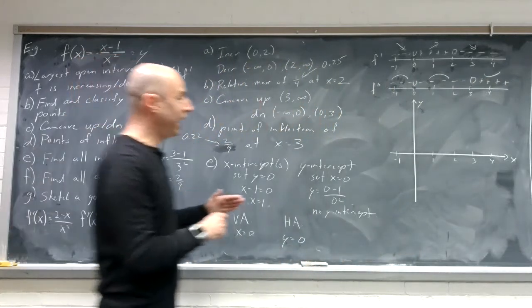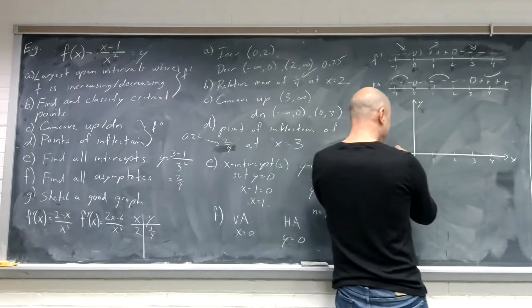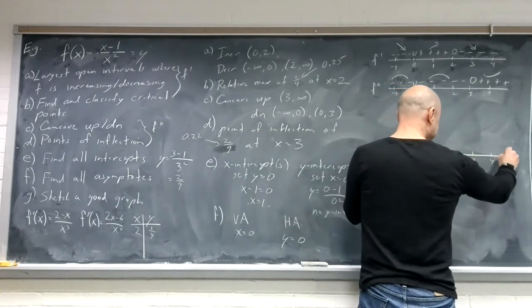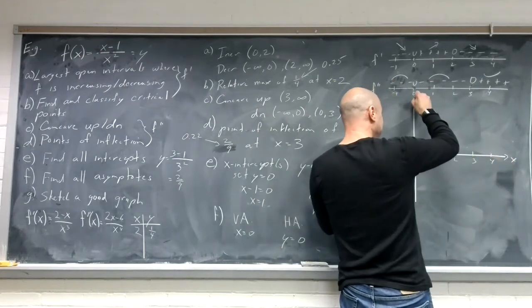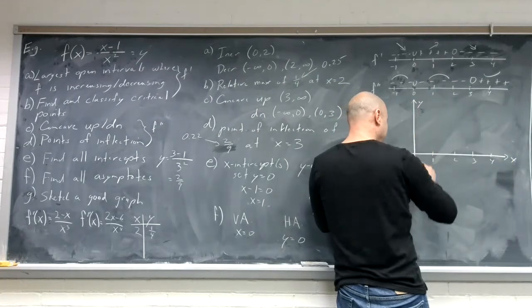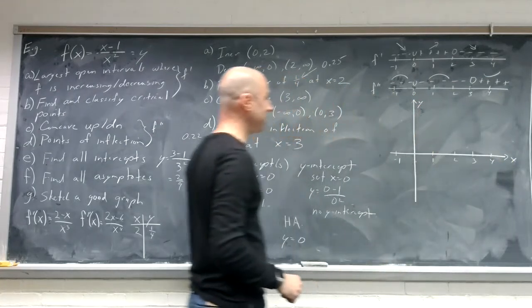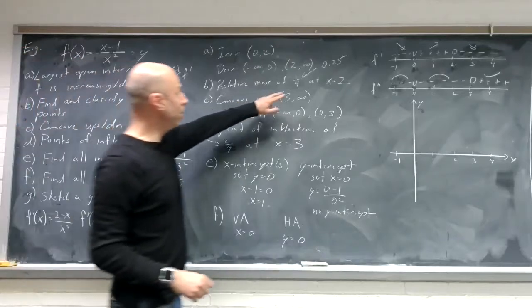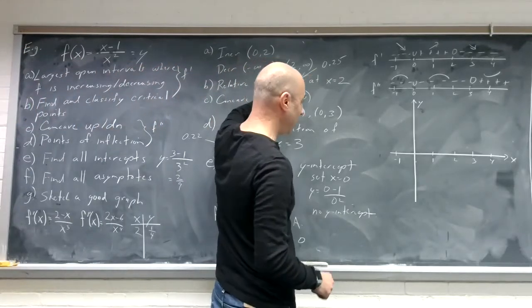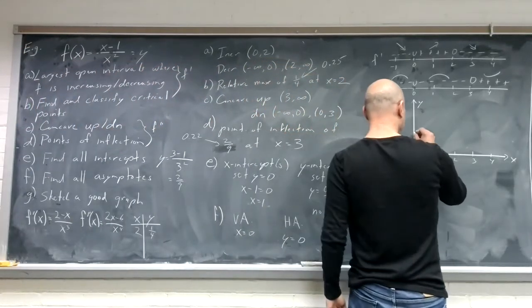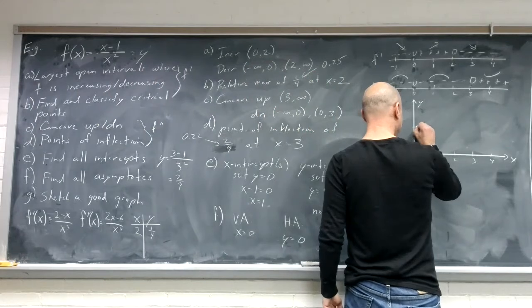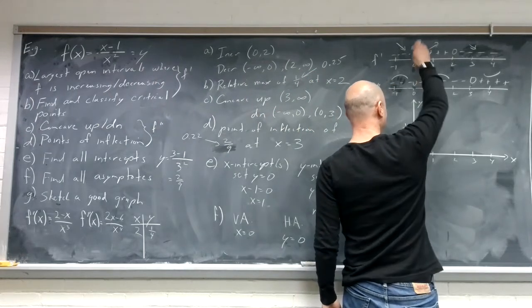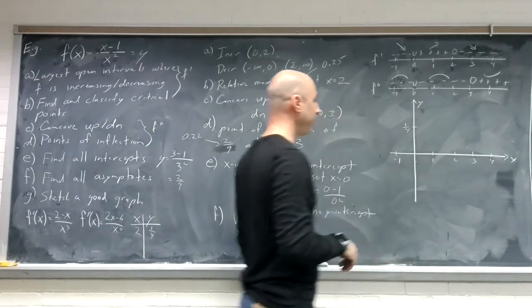I could dot in a horizontal asymptote on top of the x-axis. It wouldn't show up very well. I could dot a vertical asymptote on top of my y-axis. It wouldn't show up very well either. We can see the top of this curve is at 0.25, a quarter. So let's put 0.25 right about here. So that's 1/4. So 1/2 would be up here. 1 would be way up here.